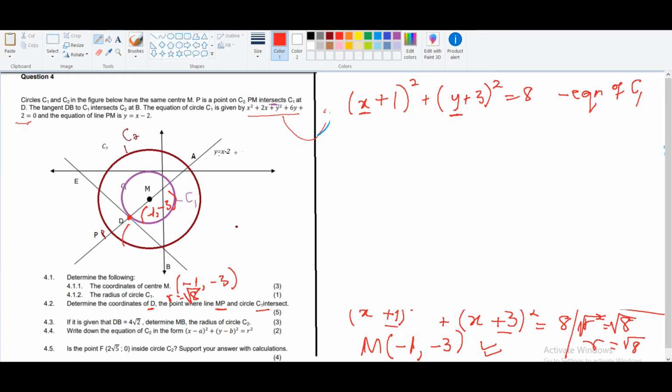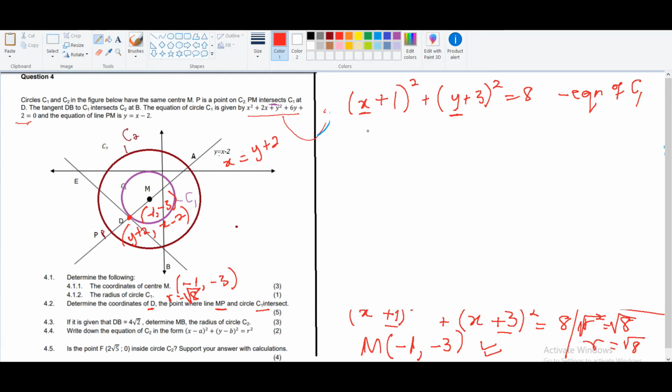We do not know the coordinate of D, but we can say x equals y plus 2, and y is x minus 2. So you can take any point and substitute there, right?